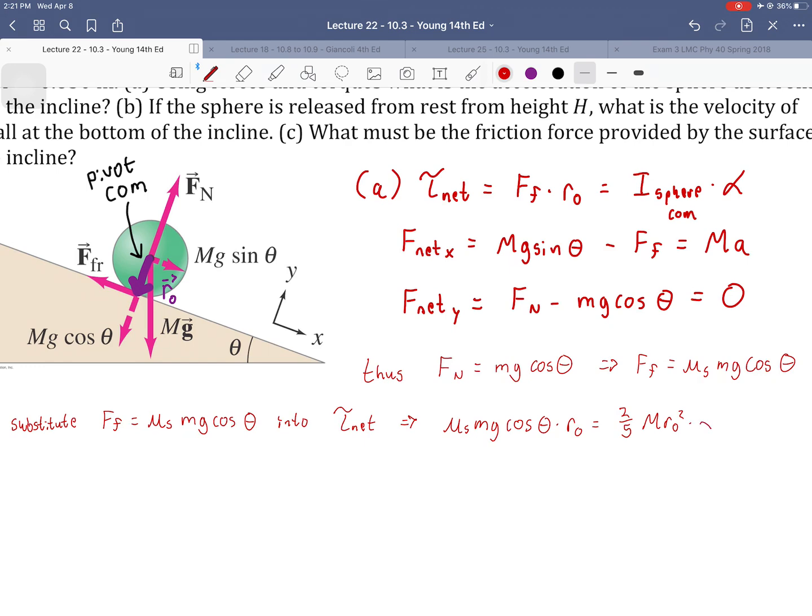Now we do another substitution, or I should say another definition. Because this is pure rolling, we know that alpha equals a times r.